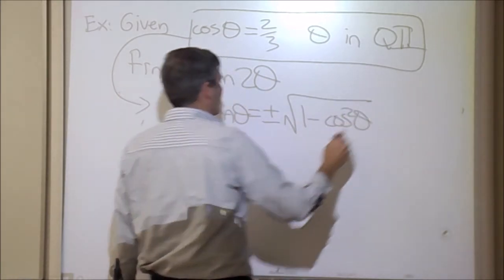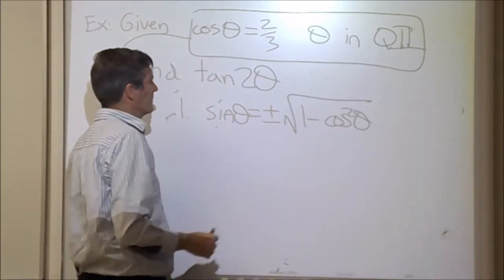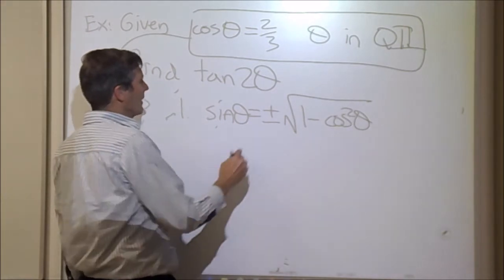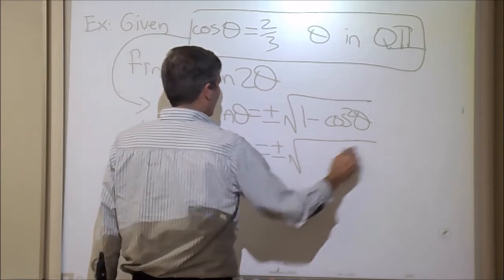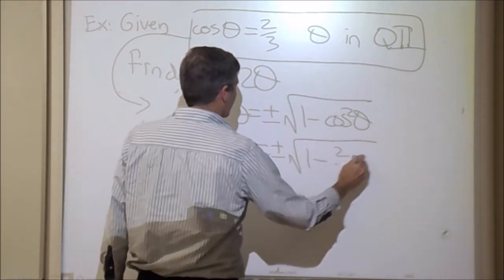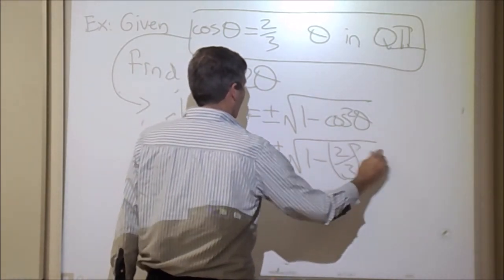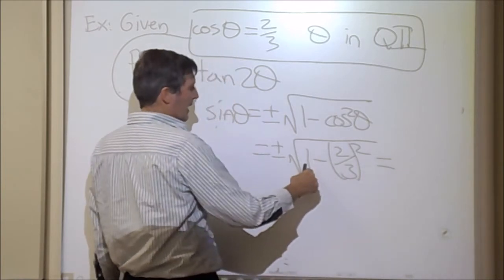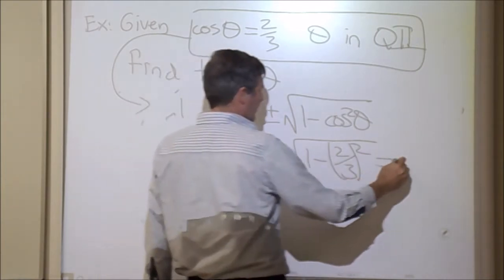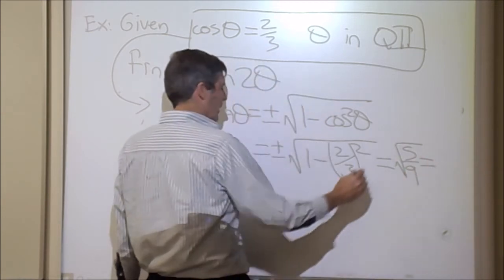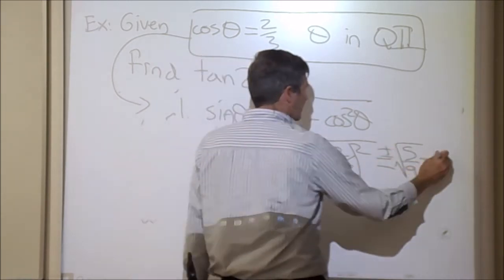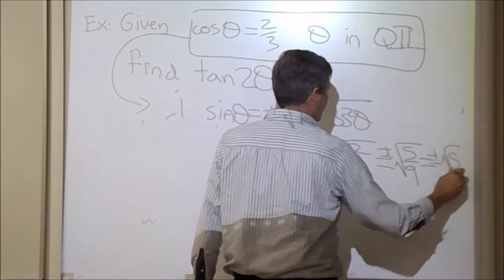We recall from the Pythagorean identity, solve for sine, is plus or minus the square root of 1 minus 2/3 squared, which is 9/9 minus 4/9, square root of 5/9, or plus or minus the square root of 5 over 3.